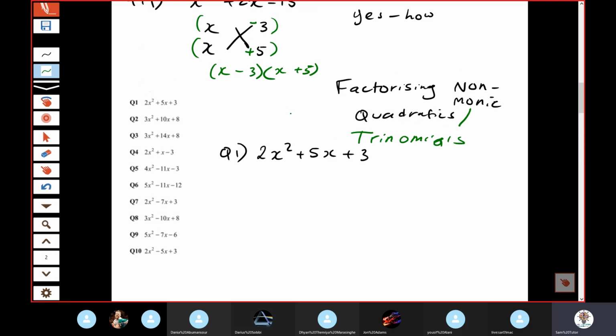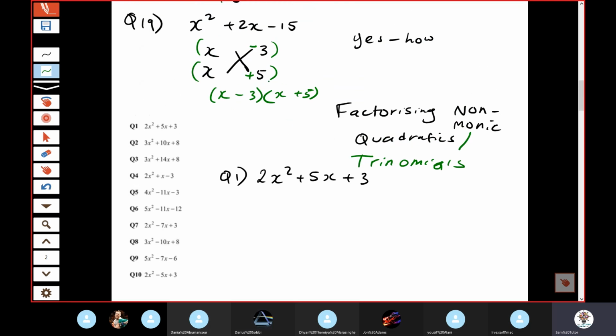Let's go back up here. Let's expand this. So when we expand this, Darius, you know how to expand these? X times x, x times 5, negative 3 times x, negative 3 times 5, right? What do you end up getting? X times x is x squared. X times 5 is 5x.